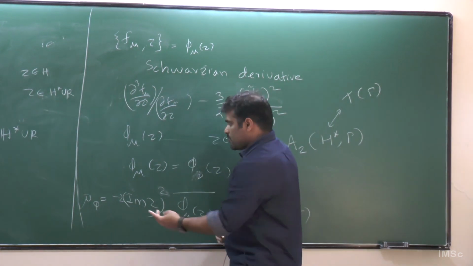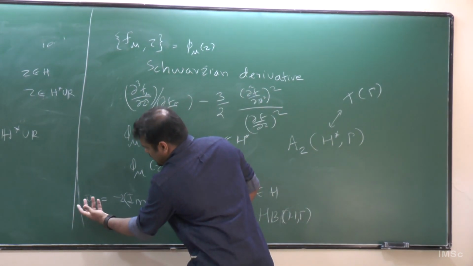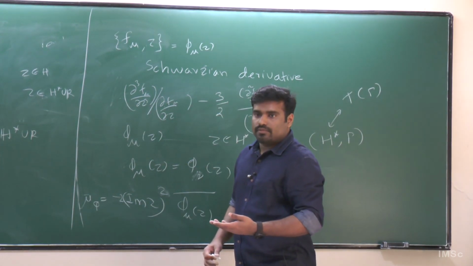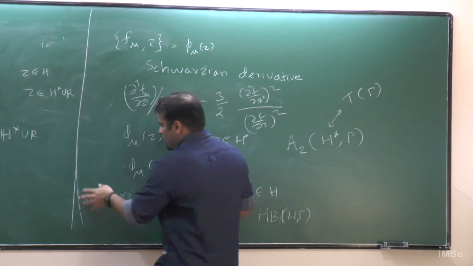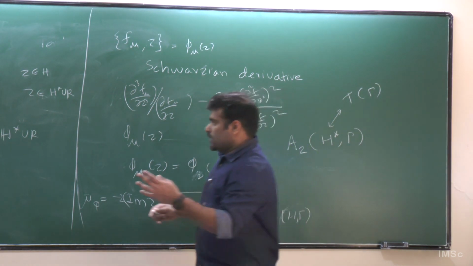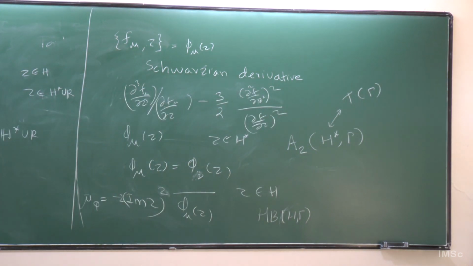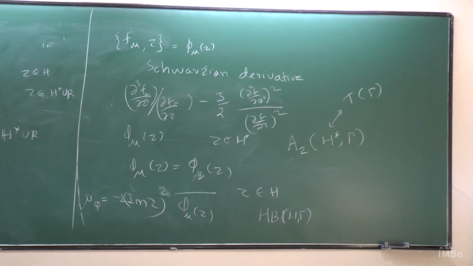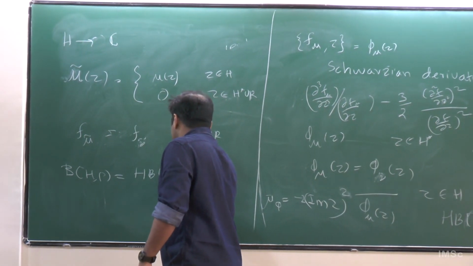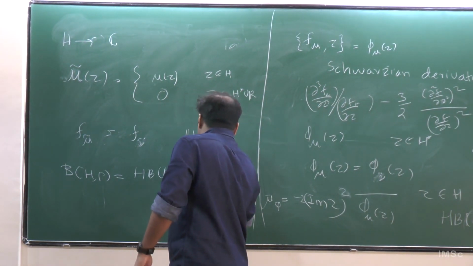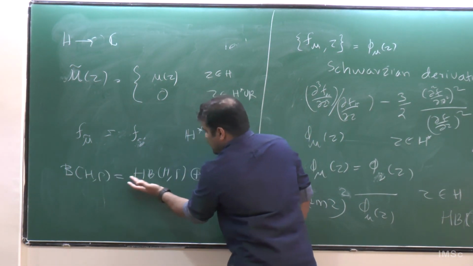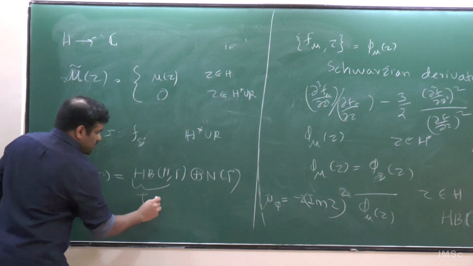Every harmonic Beltrami differential will always generate an inequivalent complex structure. So the space of harmonic Beltrami differentials can be identified with the Teichmuller space. You start with the space of Beltrami differentials that you define on the upper half plane. You split it into two: the space of harmonic Beltrami differentials and some other space N gamma.